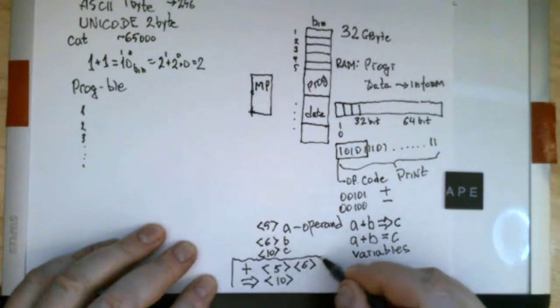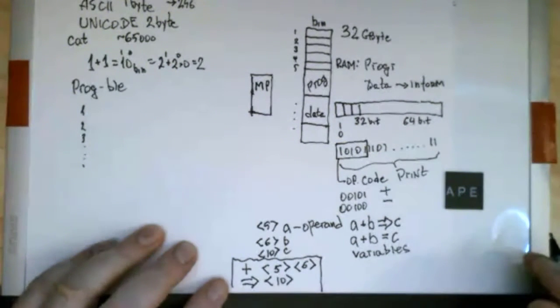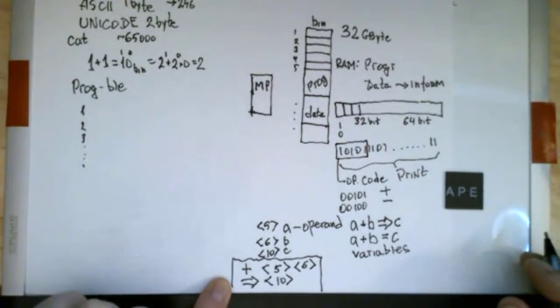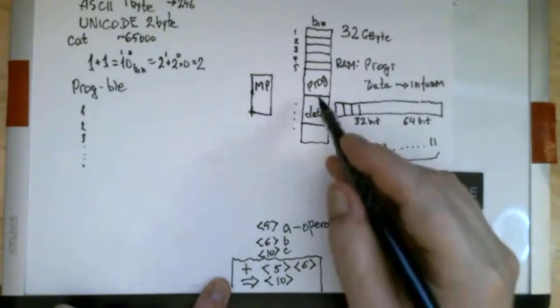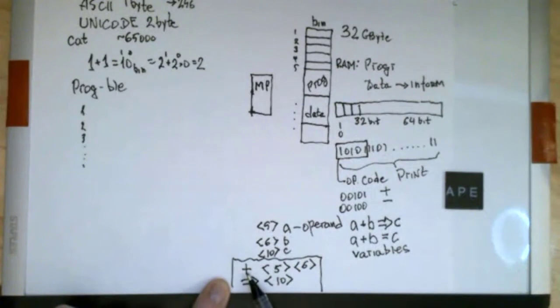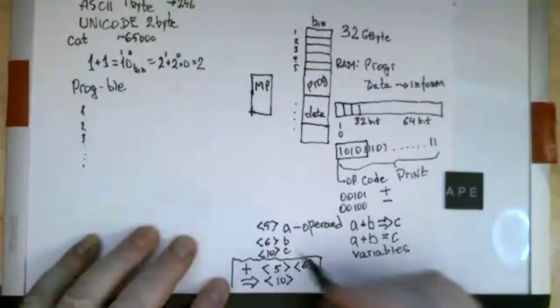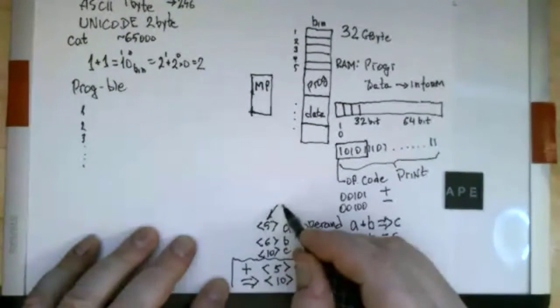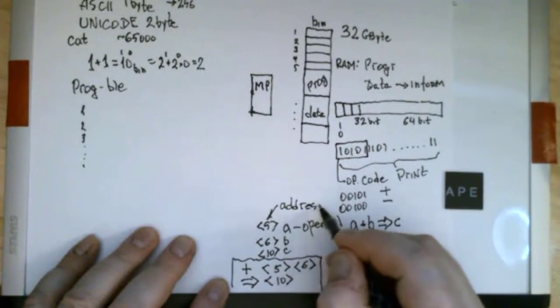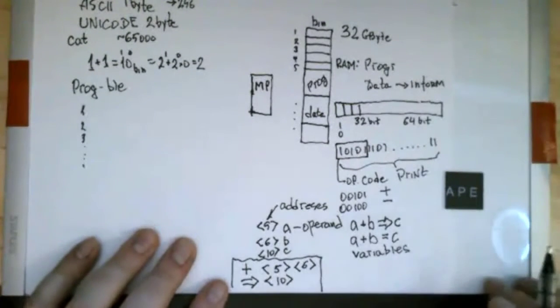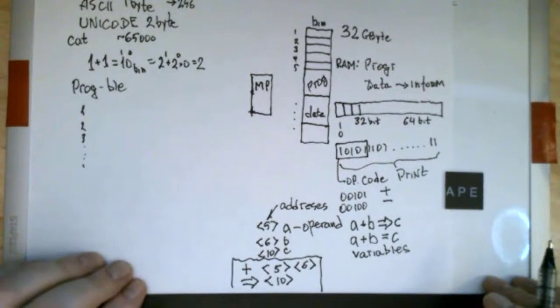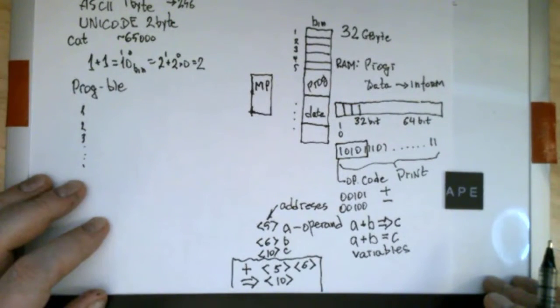That is not algebraic, but a program expression. This is how a program looks: code of operation, operands, addresses, because these are addresses of cells which participate in this operation. Any questions, folks? No questions.